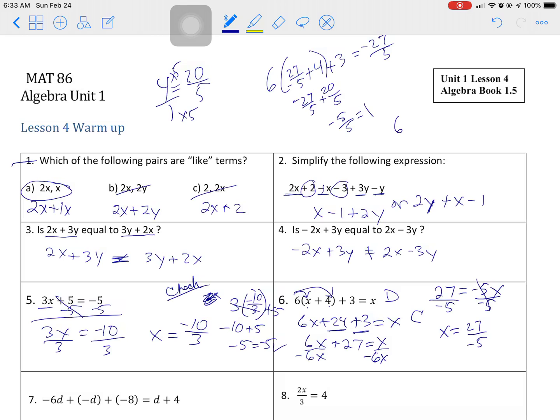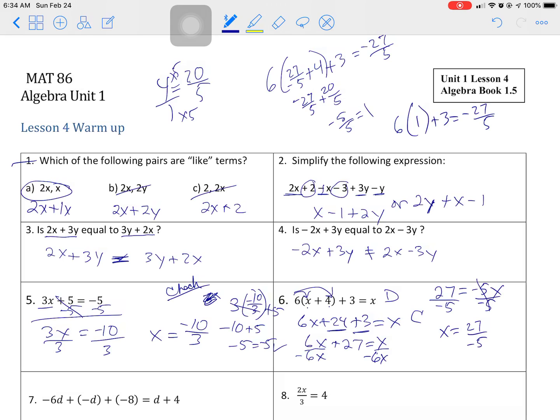So 6, 3 is negative 27 over 5. This is not looking good. So I did something wrong. I wrote it down right. 6 times x, 6x, 24, 3.